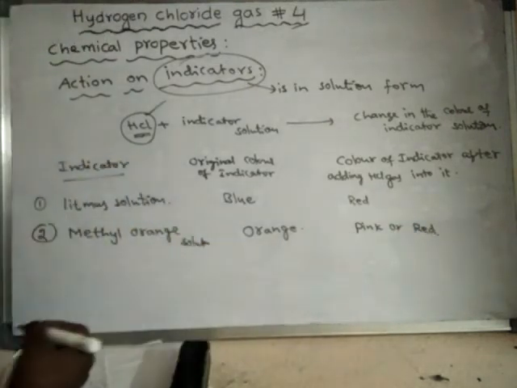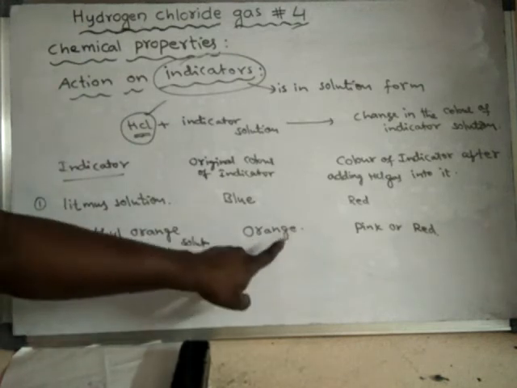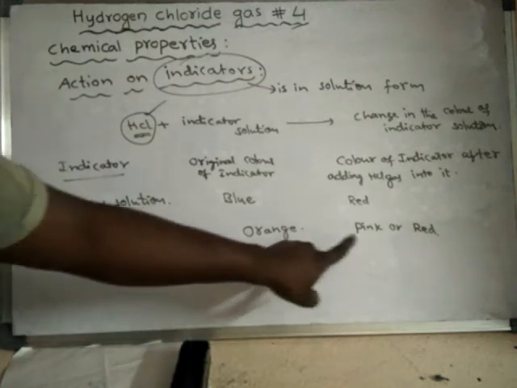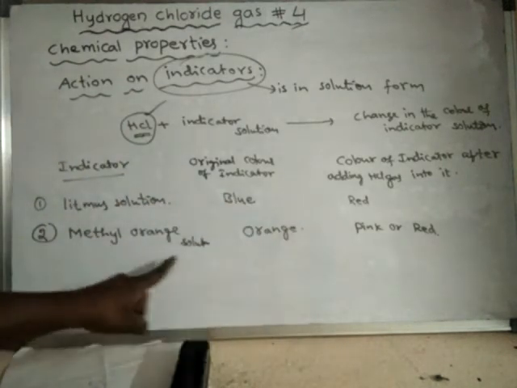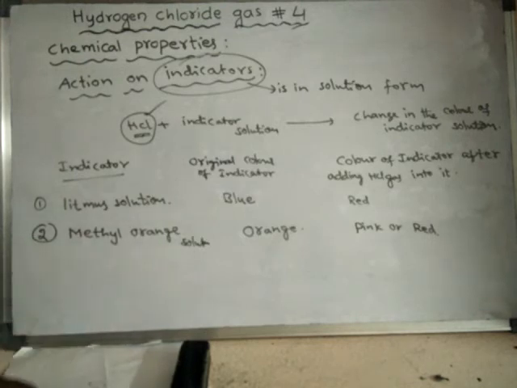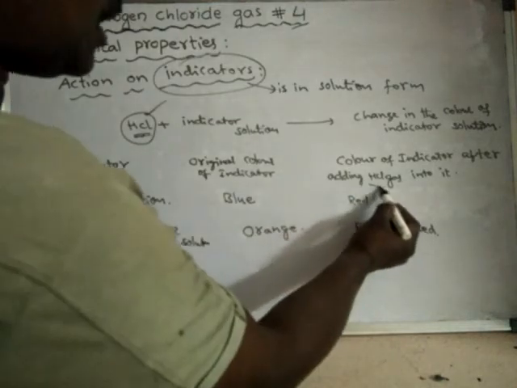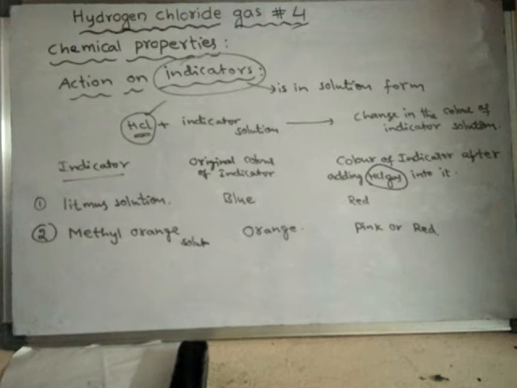So whenever methyl orange solution is converted from orange to pink or orange to red, it is understood that the methyl orange is in contact with an acid. As HCl gas can show acidic nature when it comes into contact with moisture, HCl gas is said to be an acidic gas.